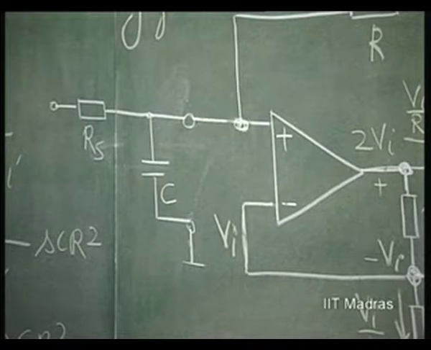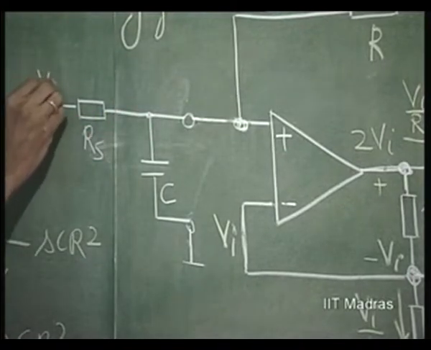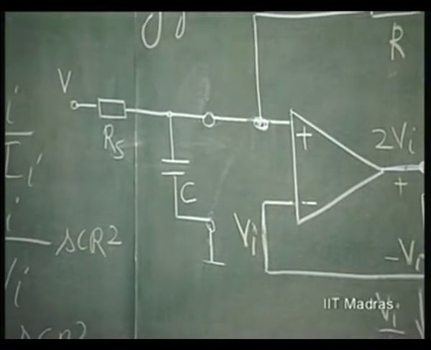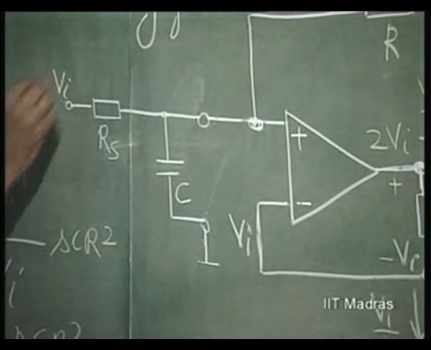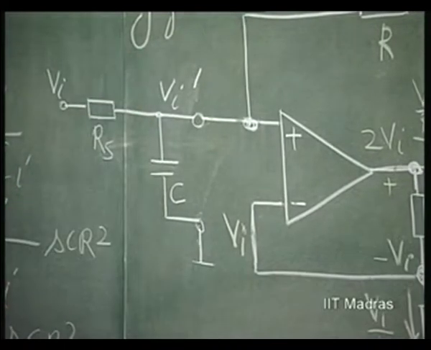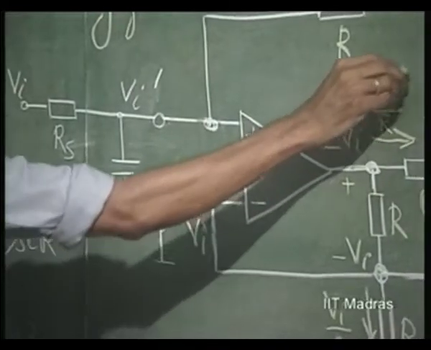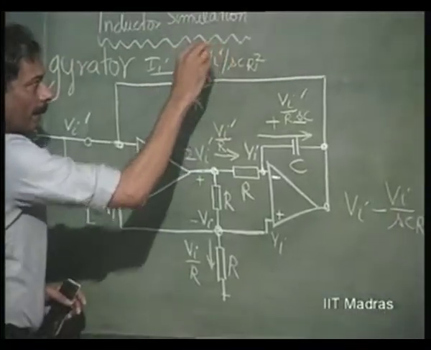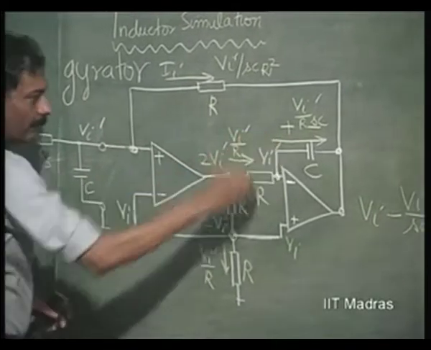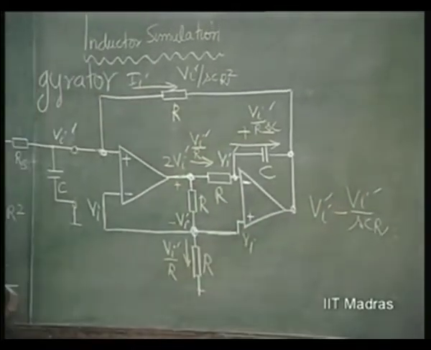So, now at this point let us call this Vi, right, then this Vi prime is going to be my V naught here, which is going to have a transfer function like this. If I take the output here, this will be Vi prime, to distinguish it from this Vi.